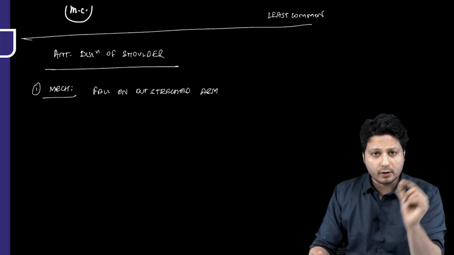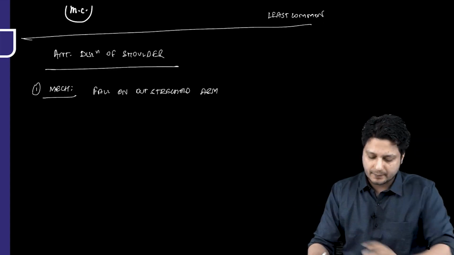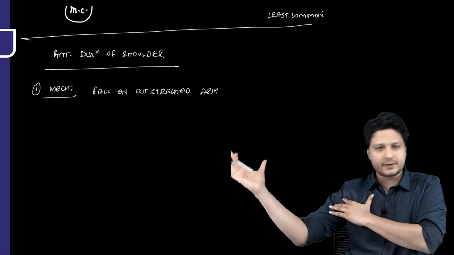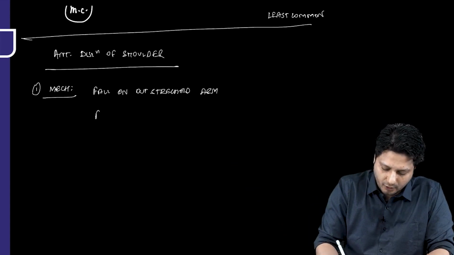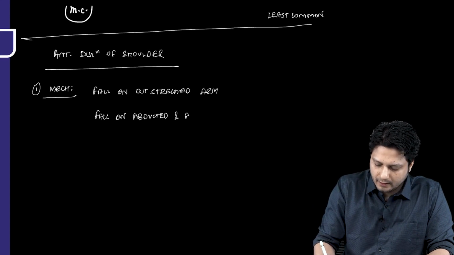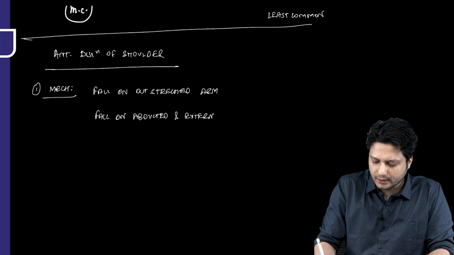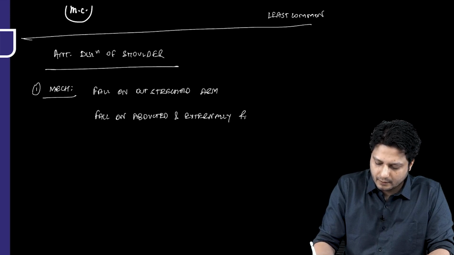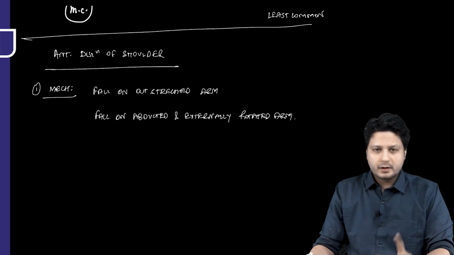So, fall on outstretched arm means there is a fall on an abducted and externally rotated arm. That is the mechanism.